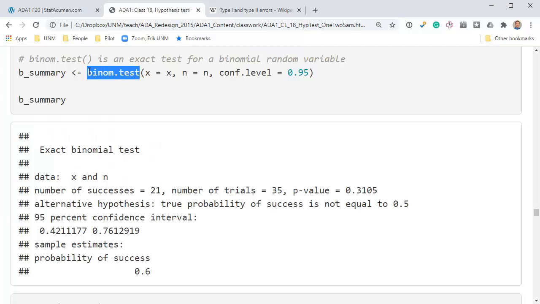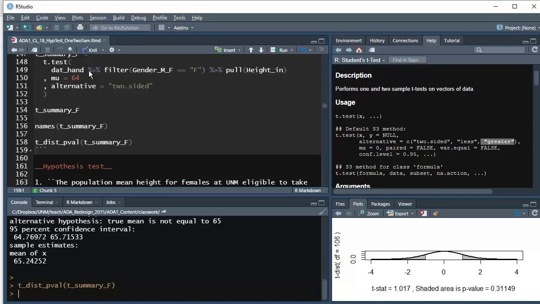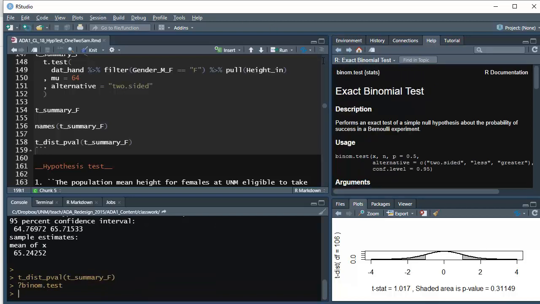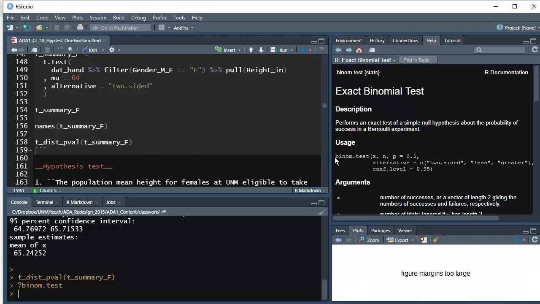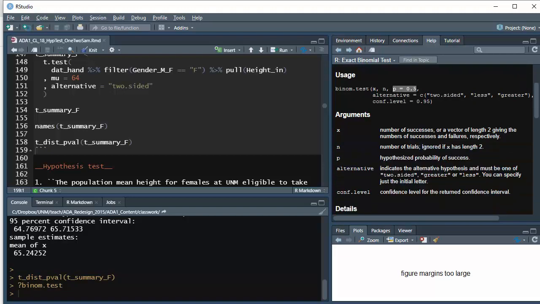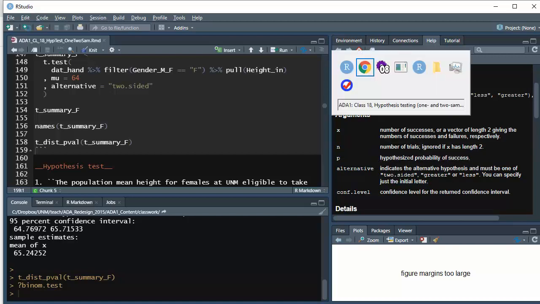If I look at the help for binom.test, you can see in the upper right I've got x, I've got n, and then I've got p equals. That is the hypothesized probability of success. That's where we want to put 0.71.